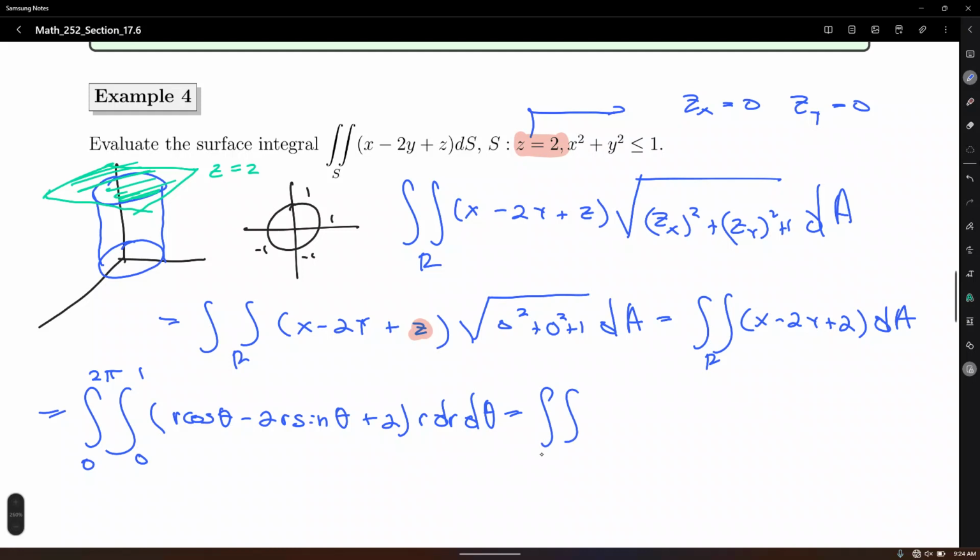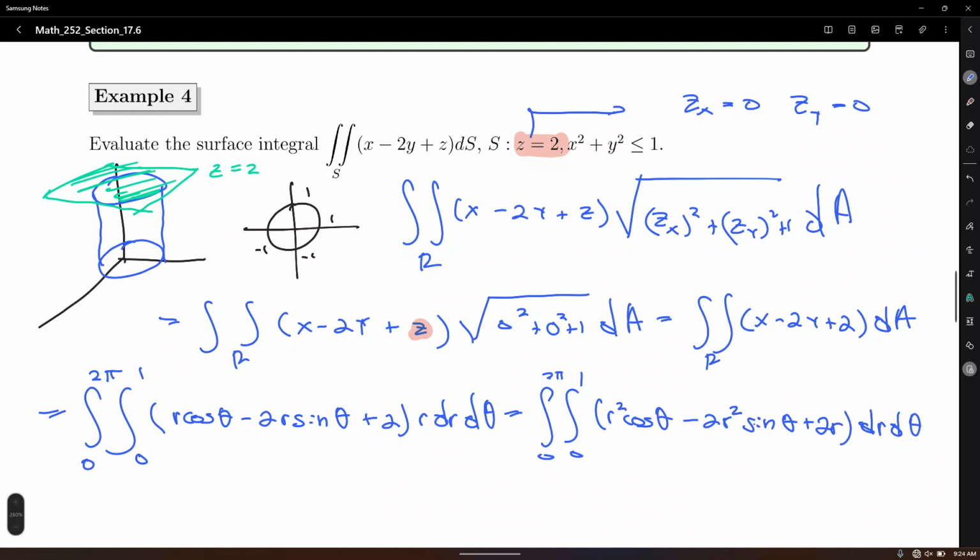So that is the integral from 0 to 2 pi, from 0 to 1, of r squared cosine theta minus 2r squared sine theta plus 2r dr d theta.